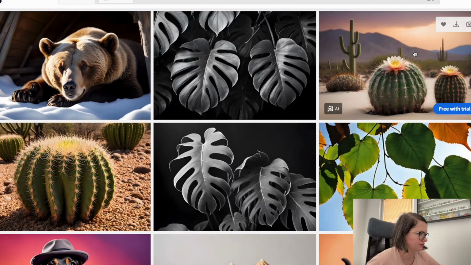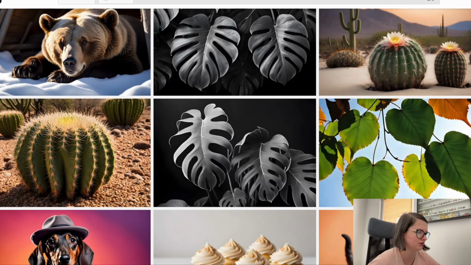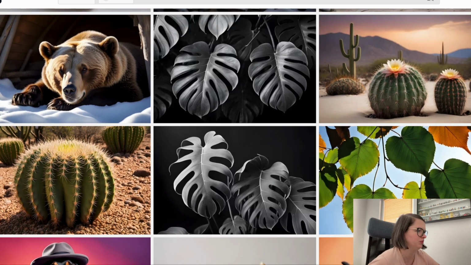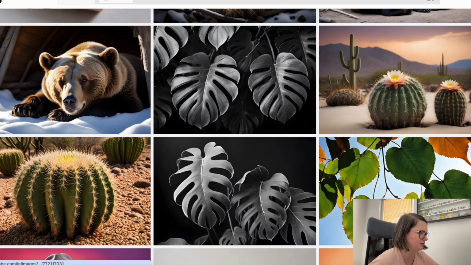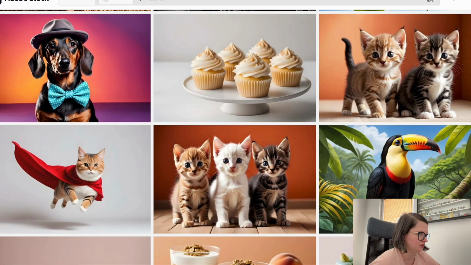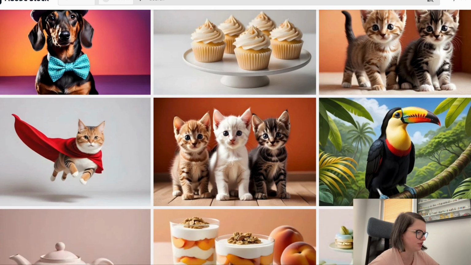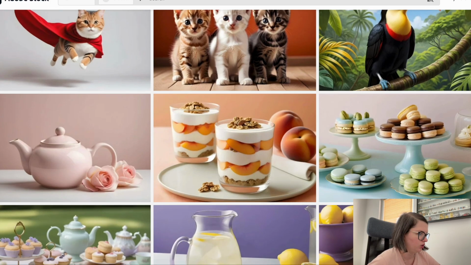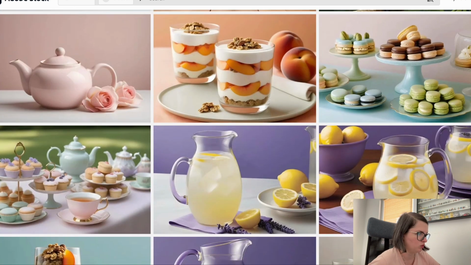So the cacti are also popular, so I would also play with it a little bit. The image is a little bit bland, I would say. So some ideas are good, I think, but you need to work on them a little bit more.